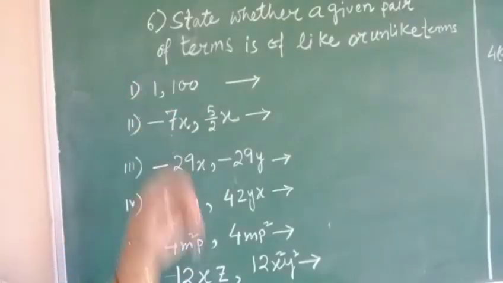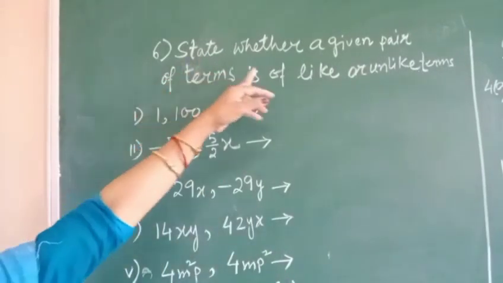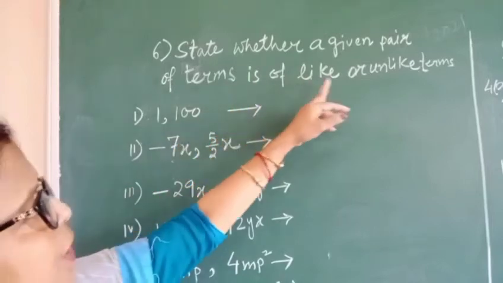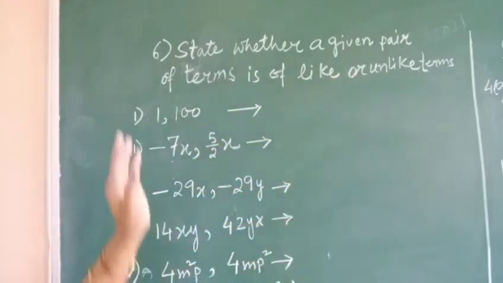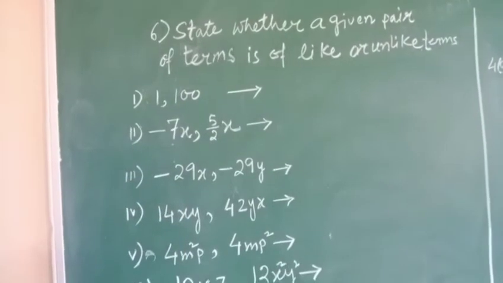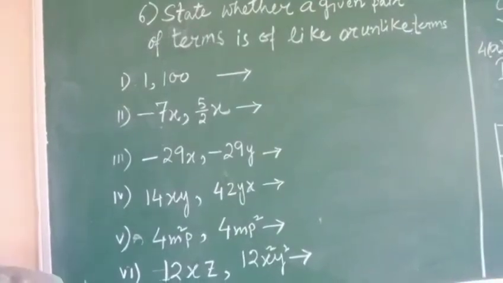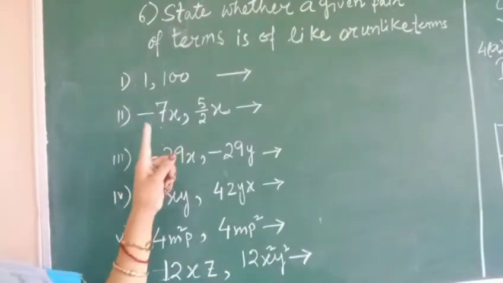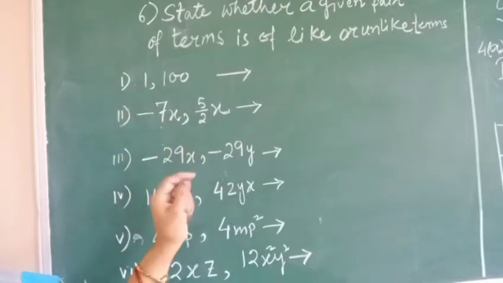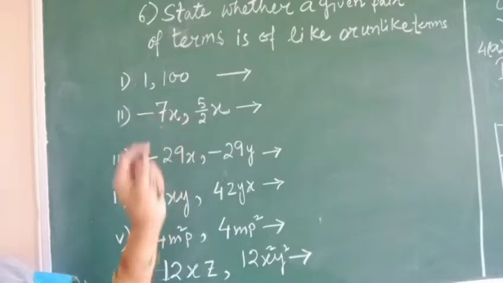Now question number 6. Read the question first. State whether a given pair of terms is of like or unlike terms. Are they like terms or unlike terms? When we are finding whether any terms are like or unlike, we have to concentrate on their variables only, and if the variables are same, then we will concentrate on the power of the variables.